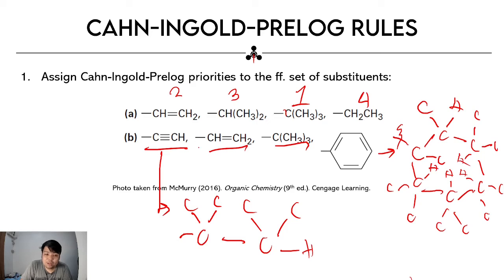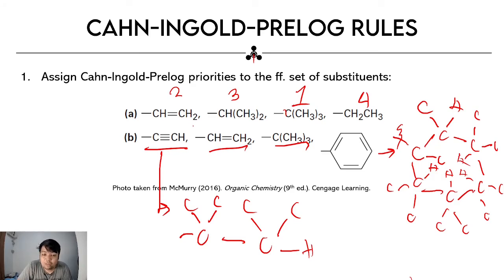Now, this one we have already seen here. Obviously, since we have already seen that this is higher in priority than this one, this is lower in priority than this one. And if you look at this structure here, this is obviously higher in priority than all of them, because at the first point of attachment, it is already attached to 3 other carbon atoms.